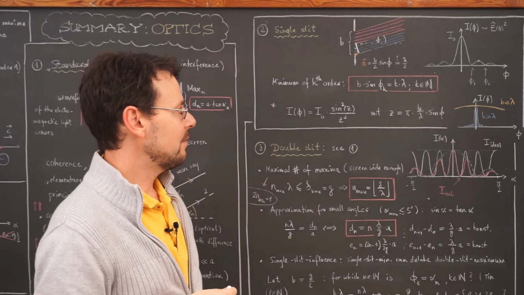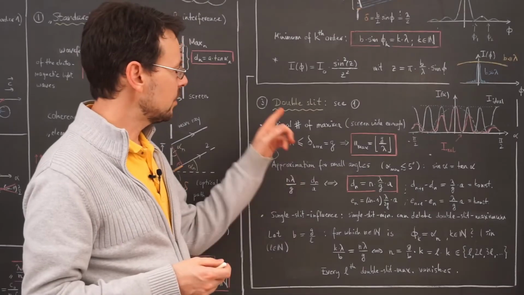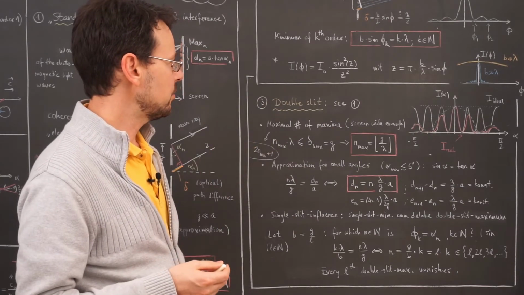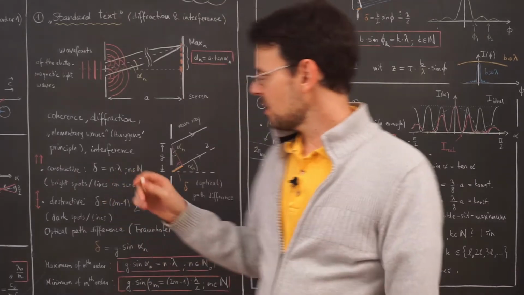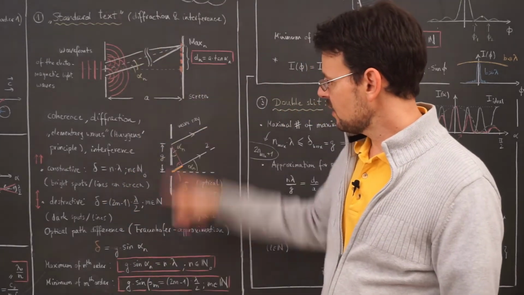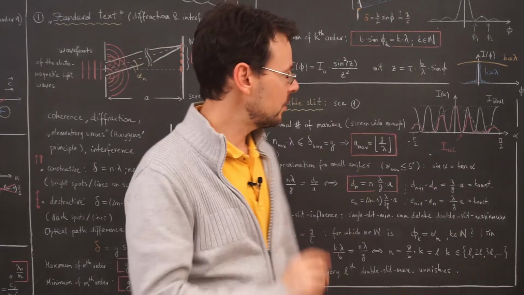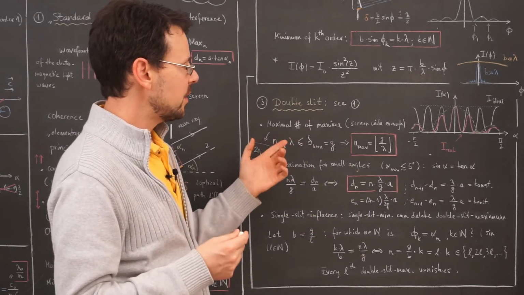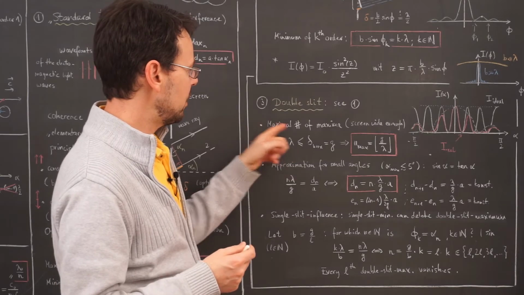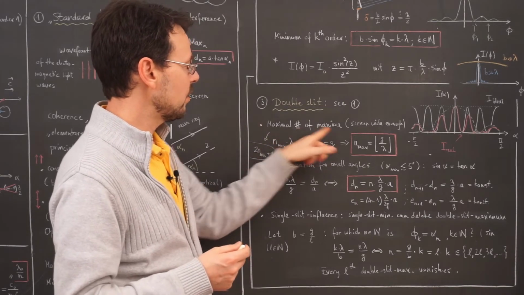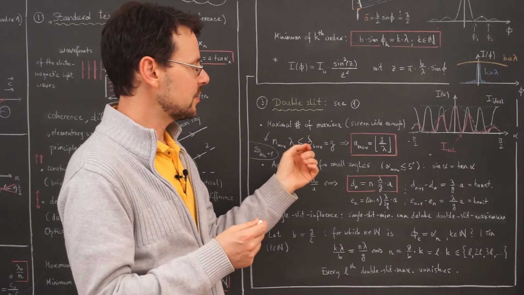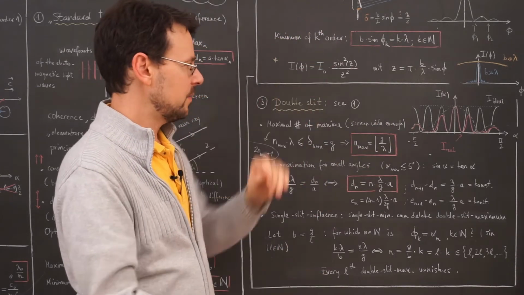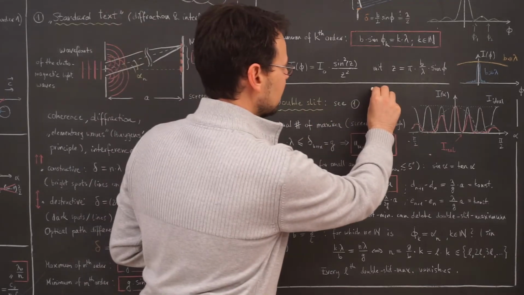Next, we take a closer look at the double slit, which is the classical diffraction object. Almost everything has already been said, especially these formulas here, so we're going into a little bit more detail. Sometimes you are asked to calculate the maximal number of maxima that can be seen on a screen, assuming the screen is wide enough so that all fit on the screen, or the screen looks like that.